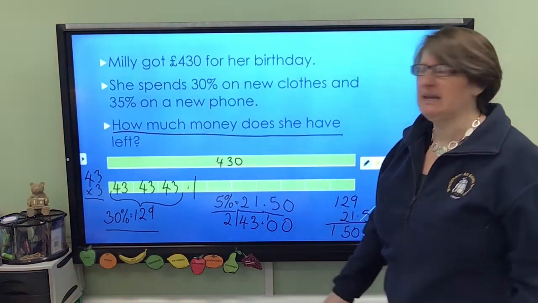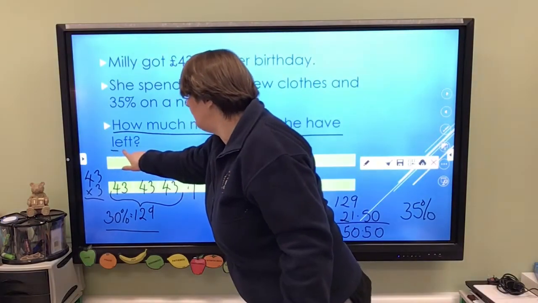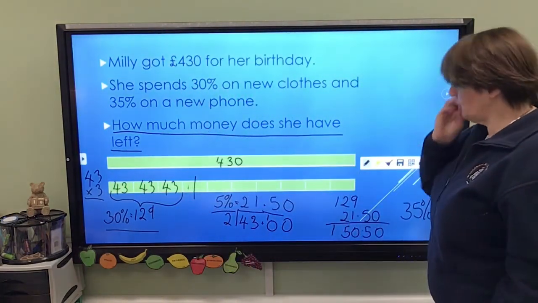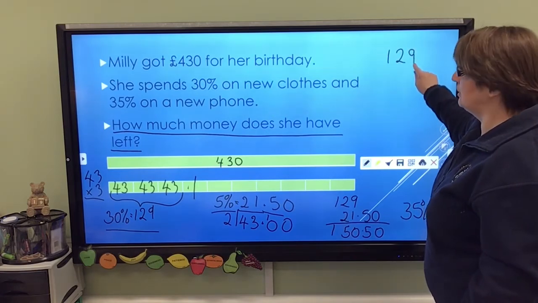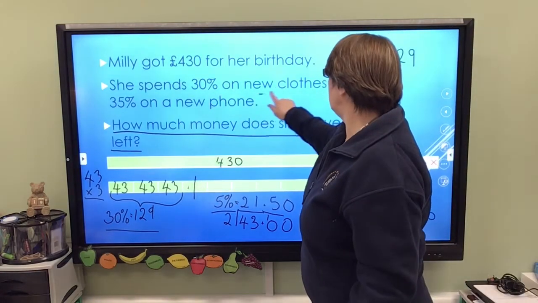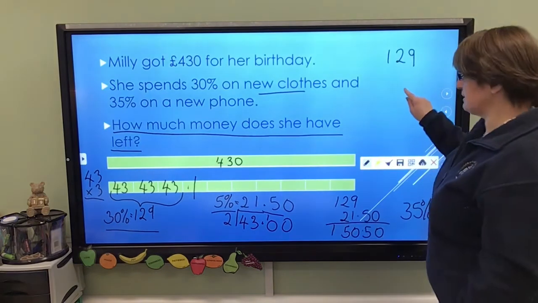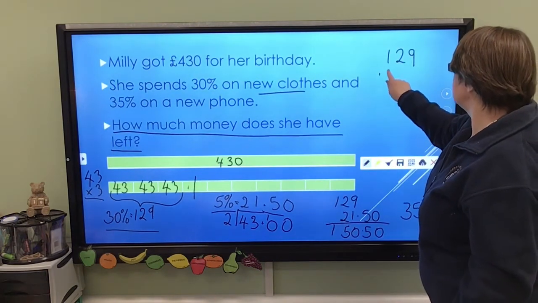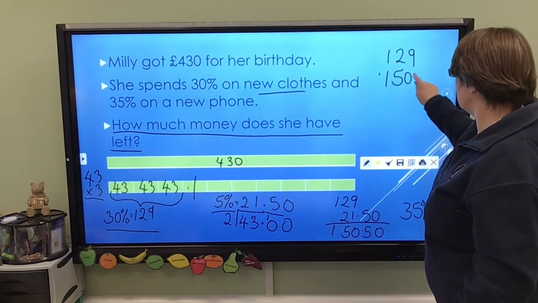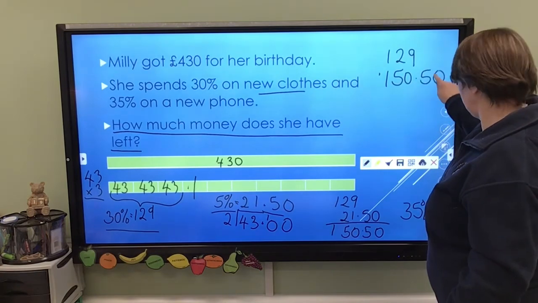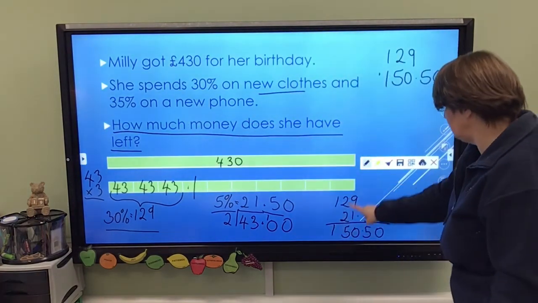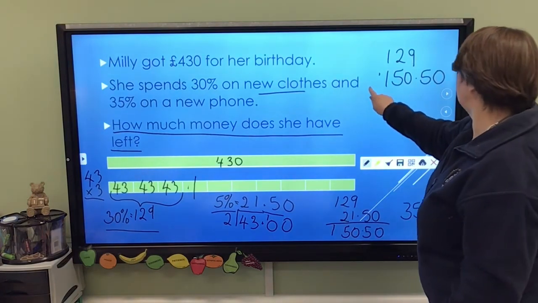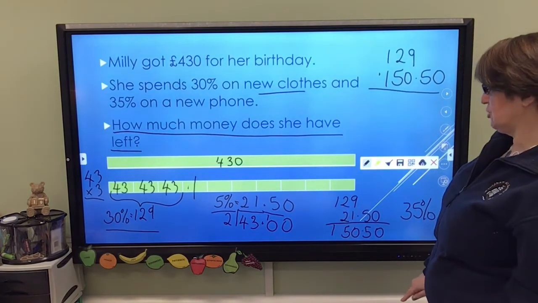How much money does she have left? So if she spent £129 on new clothes and she spent £150.50 on a new phone, which is our 35% here, I've got to add those together to find out how much she spent in total.